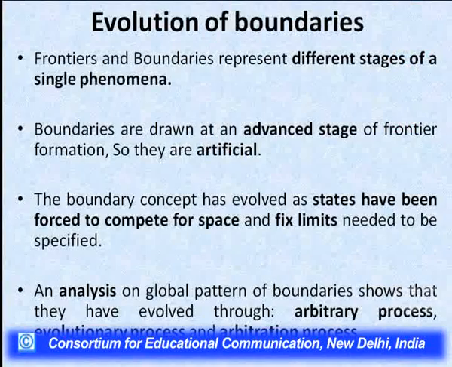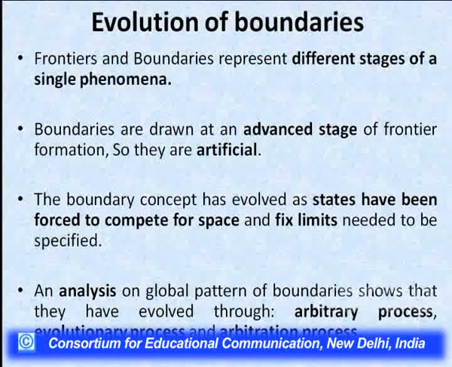So how have these boundaries evolved? These are different stages in the boundary and frontier phenomena. In fact, boundaries are drawn at an advanced stage of frontier formation, because they are artificial in nature. On the other hand, the frontiers are natural. So the boundary concept has evolved because different limits of a state needed to be specified.